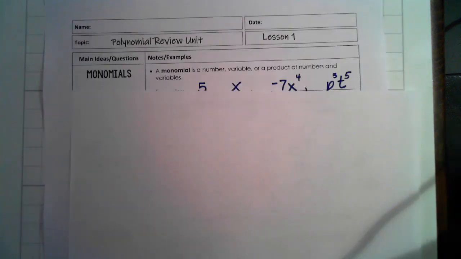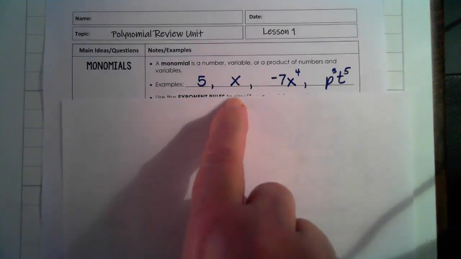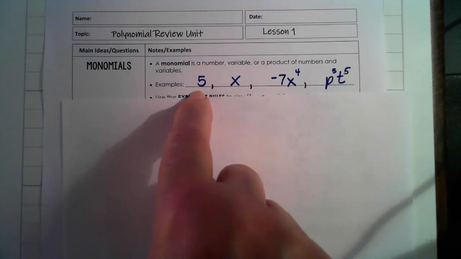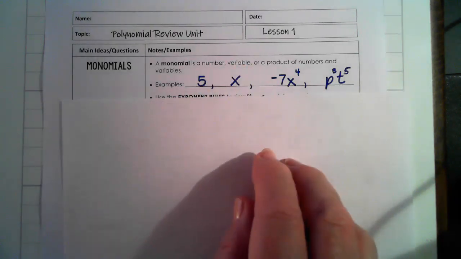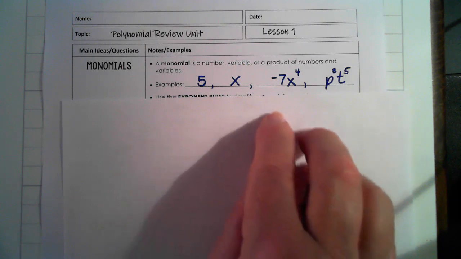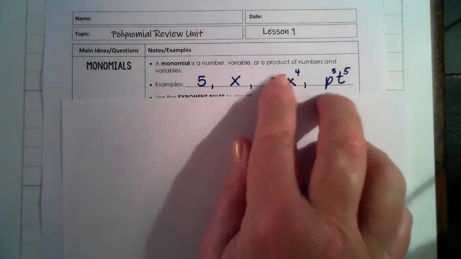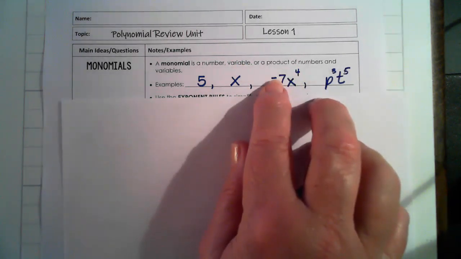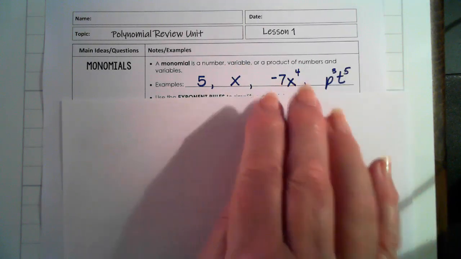In reviewing this topic, we've got: what is a monomial, first of all. A monomial is a number, like 5, or a variable, here I've got x, or some product of numbers and variables. -7 times x to the 4th is a product of the number -7 and x times x times x times x, 4 x's.